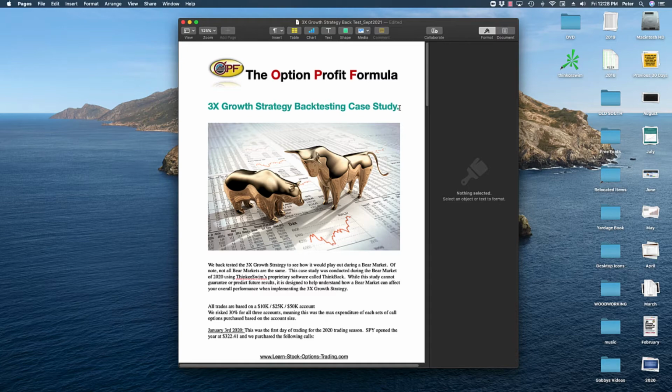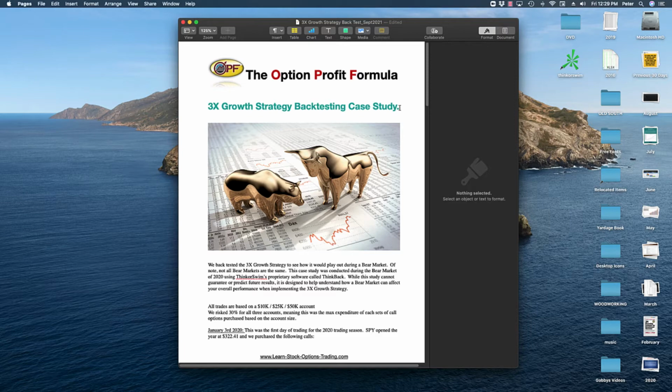So basically what I did was, I have Thinkorswim. I use TD Ameritrade and I have the Thinkorswim platform, and that has an awesome proprietary software called ThinkBack where I can go back in time, and I have done back testing during the 2007-2009 market crash, but not with this strategy.